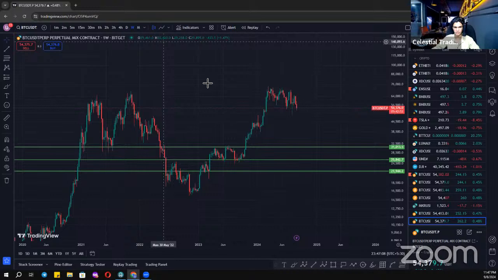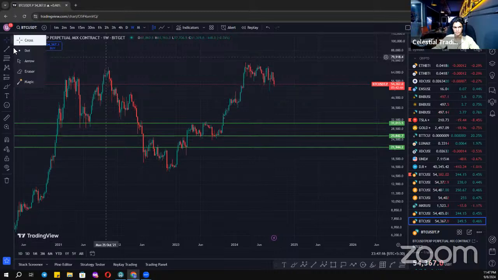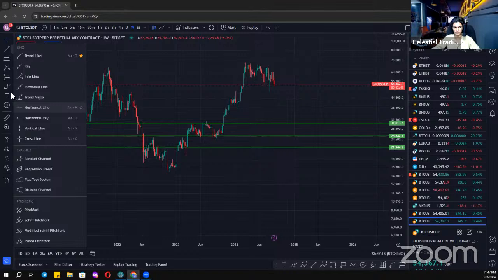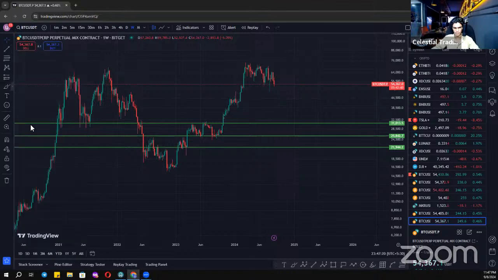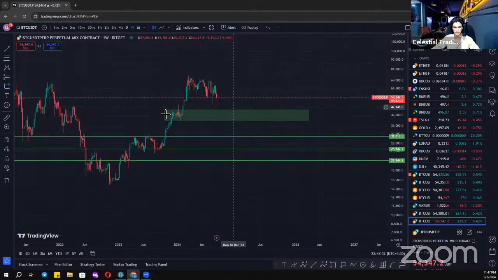These are the support lines, and we have good support zone over here. You can see here, good support zone.